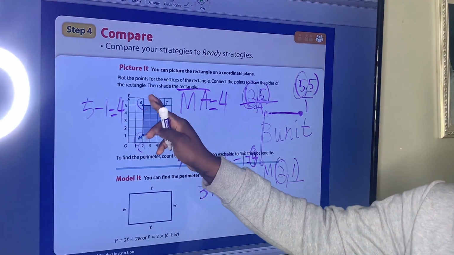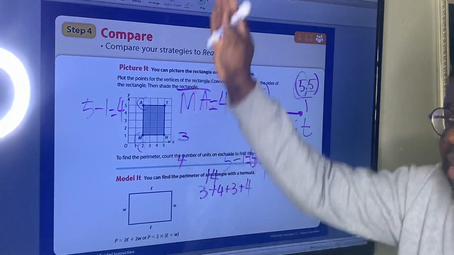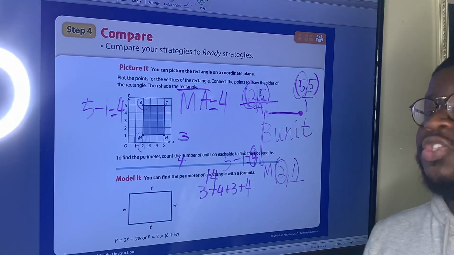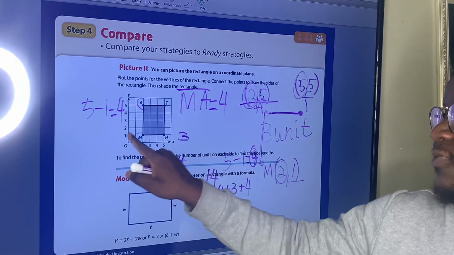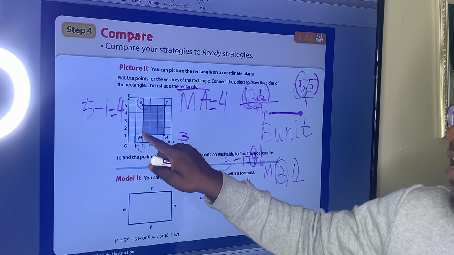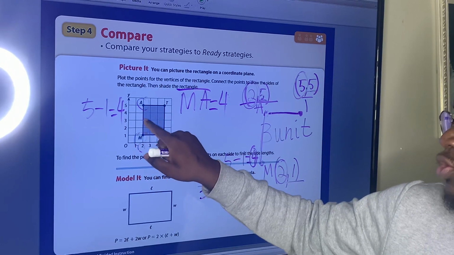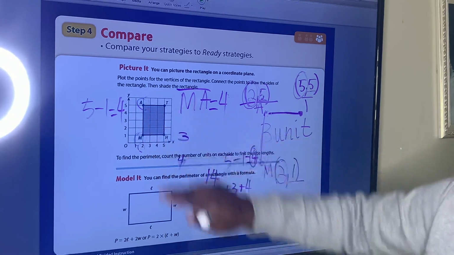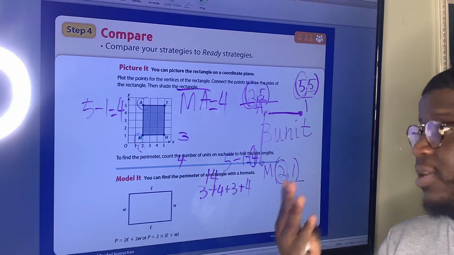So whenever I want to find the distance between two coordinates that are aligned vertically, I'm just going to subtract the y-axis. I'm going up 1, 2, 3, 4. So 5 minus 1 is equal to 4. So the distance between M and A, or the length of MA, is 4.